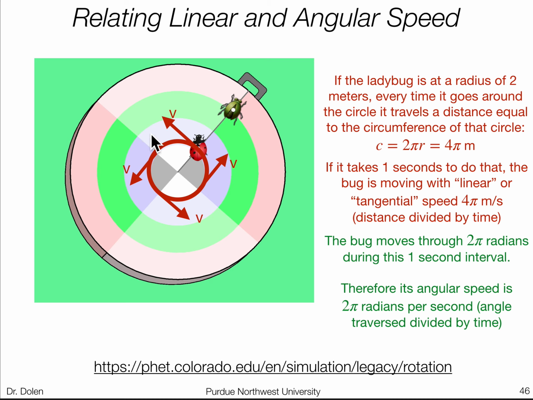So the circumference of the circle is 4 pi. And say it takes 1 second to complete that entire circle, well, we can just talk about speed in the traditional sense of how many meters you are moving every second. You're moving 4 pi meters per second. So that is our tangential or linear speed. This bug is moving at 4 pi meters per second.